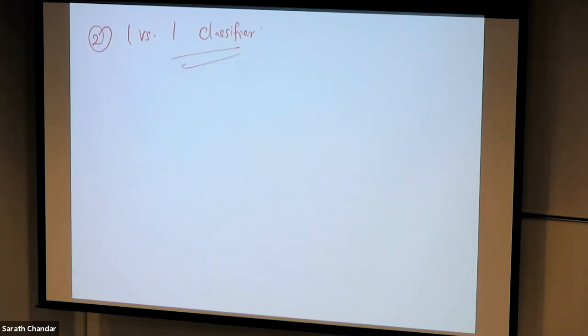Then 3 versus 4, 3 versus 5, 4 versus 5. In other words, you're going to consider k into k minus 1 by 2 binary discriminant functions, for every possible pair of classes. Then you can just take majority voting for classification.